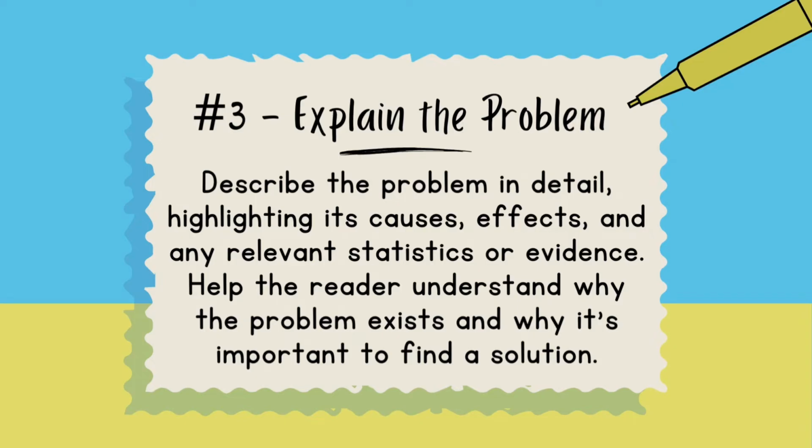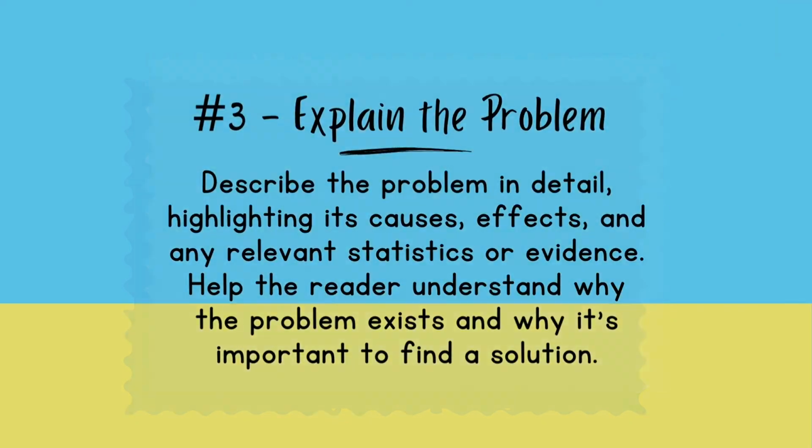So you can give that as your statistics or evidence. Then help the reader understand why the problem exists and why it's important to find a solution. Okay, because it greatly affects the community, that's why it's very important to find a solution to that issue or problem.